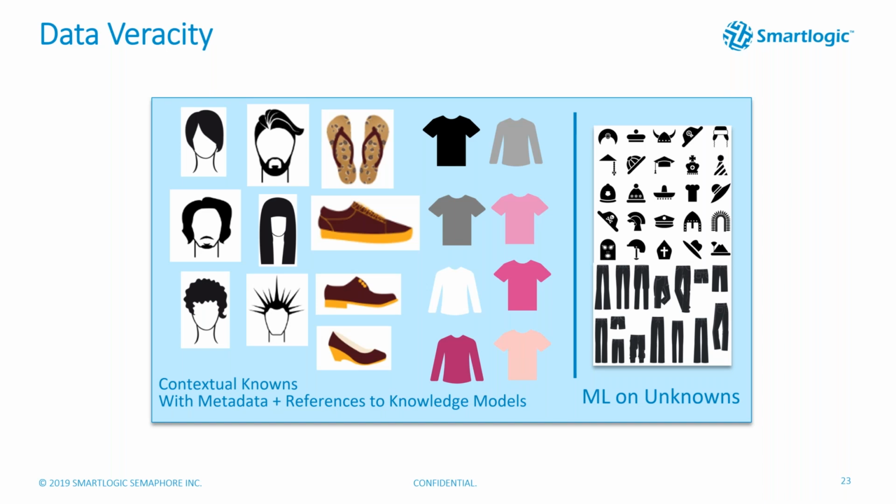But when you know stuff, the contextual knowns with metadata and the references to the knowledge models allows us to machine learn on the unknowns, so it keeps the dimensionality down, but we've got quality data about the knowns. So we're not using our compute cycles to find out stuff we already know.